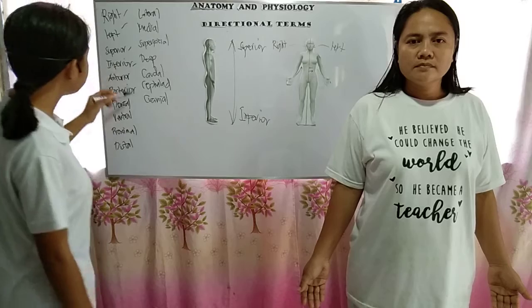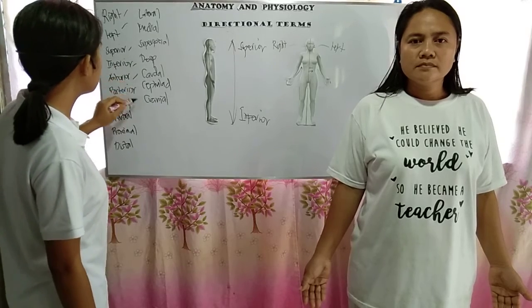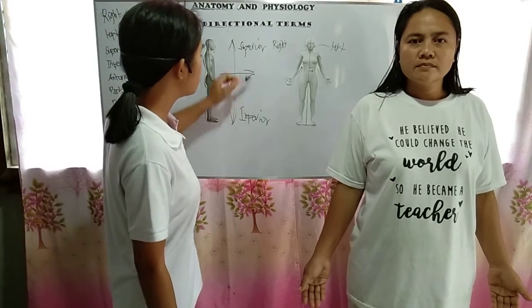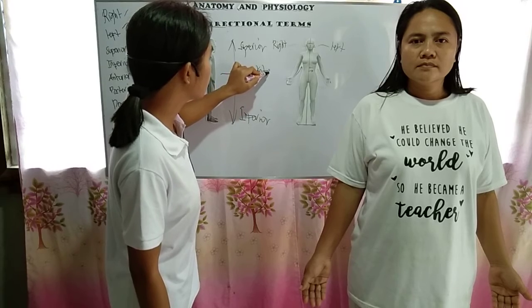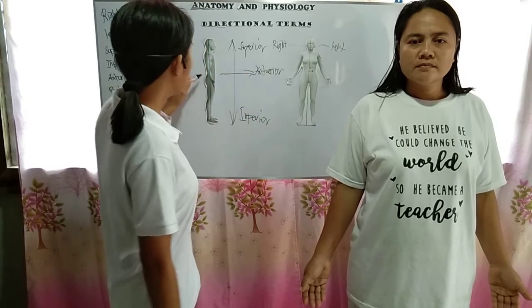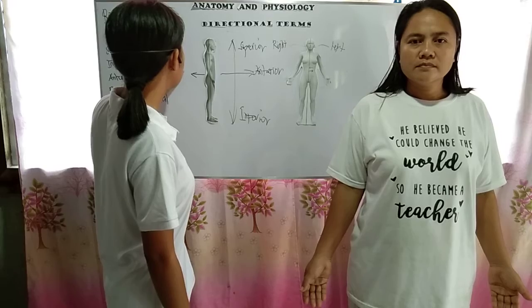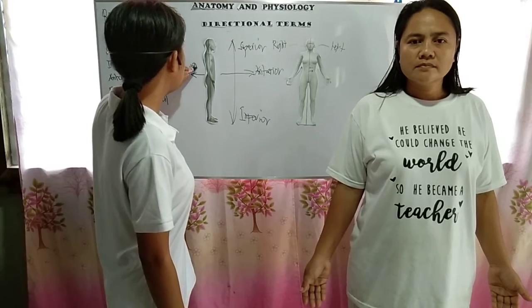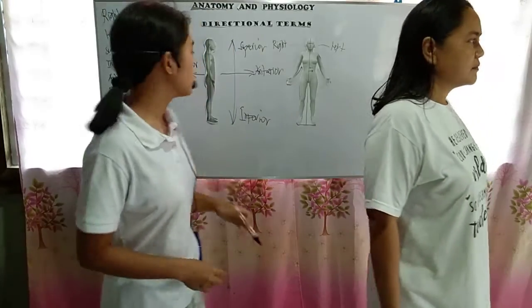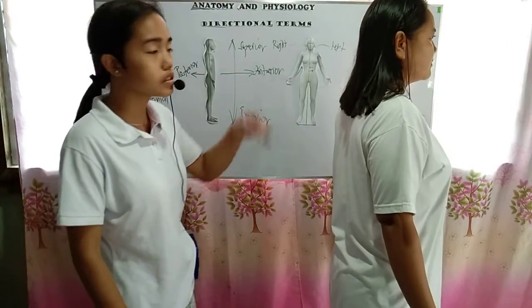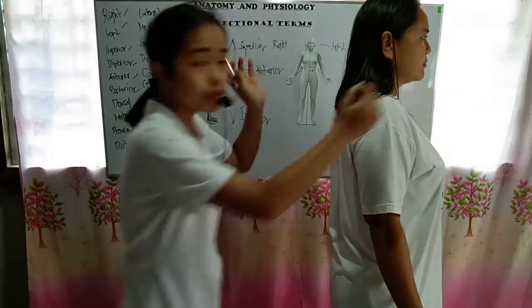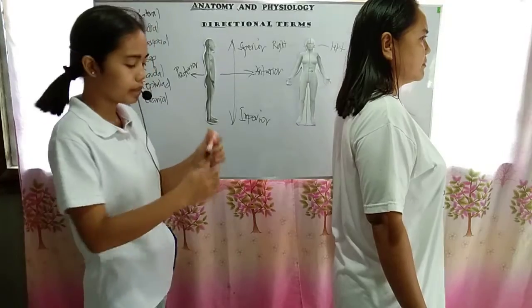So another directional terms is anterior and posterior. So this is anterior, and posterior. Anterior is towards the front of the body, while posterior is at the back of the body.